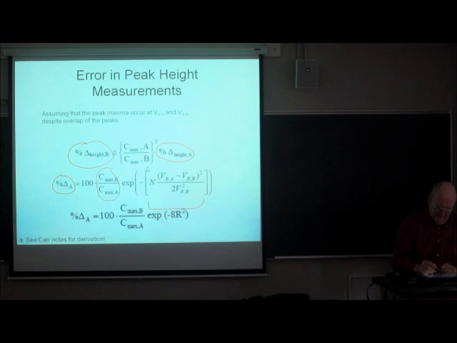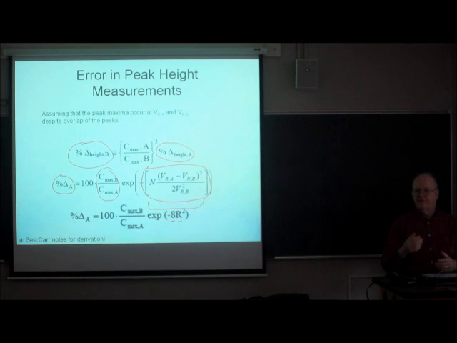And this term here works out to be 8 times r squared. 8r squared. Now, exponential of minus 8r squared is a very strong function of r.